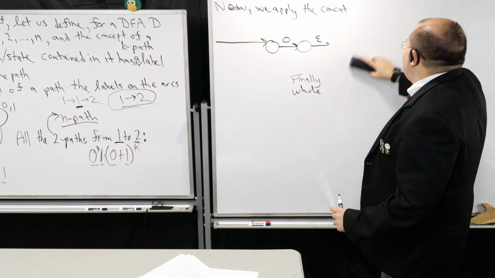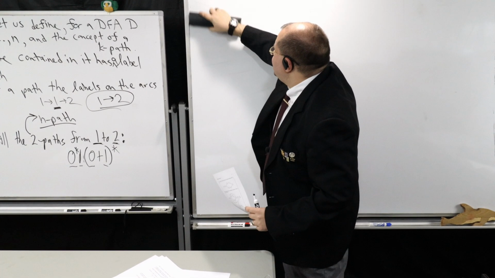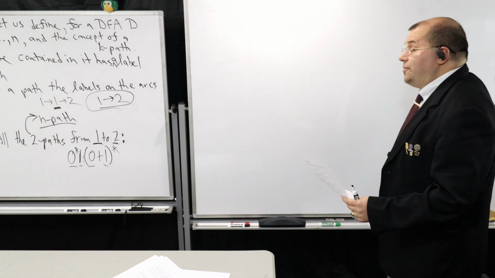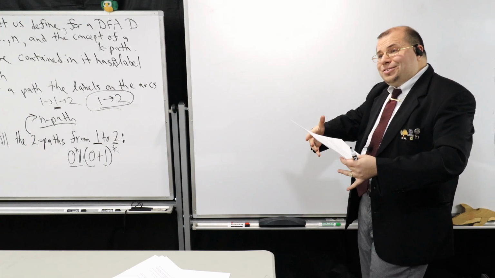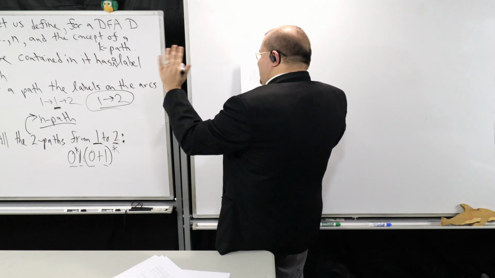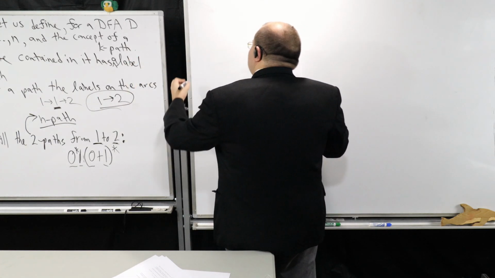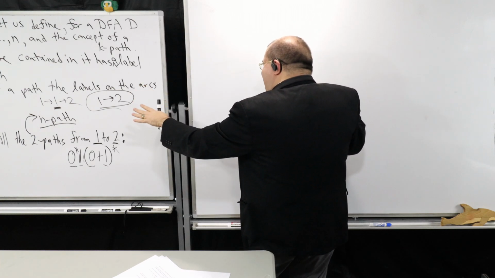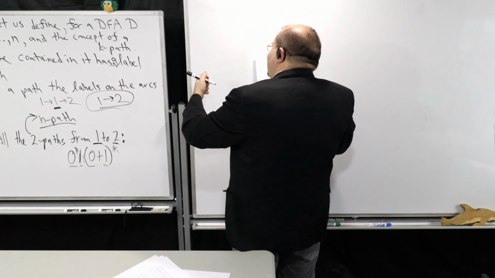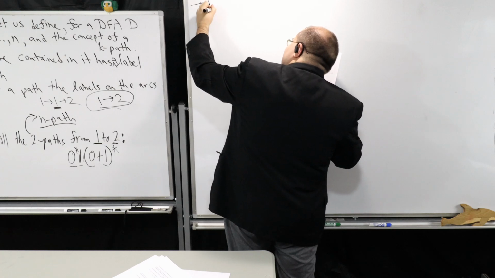I'm going to do this on all of the possible pathways from the start state to the final one, or any final one. Then all I do is lump them all together into one bucket. That's the general gist, and that's how we're going to get the language of the DFA. As soon as you see this connection between an n path from a start state to a final state and collecting them all up, this is essentially the idea. So I'm going to walk us through this.